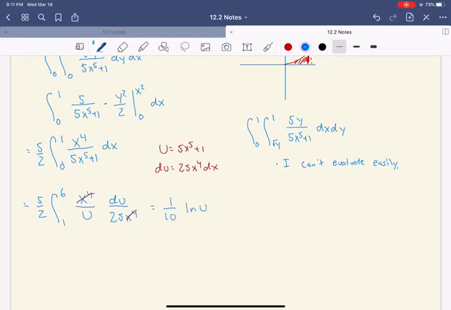Natural log of u, let me write it down. 5 times 2 over 25, integral from 1 to 6, du over u. This is 1/10 times natural log of u from 1 to 6. Natural log of 1 is, of course, 0, so we get natural log of 6 over 10.